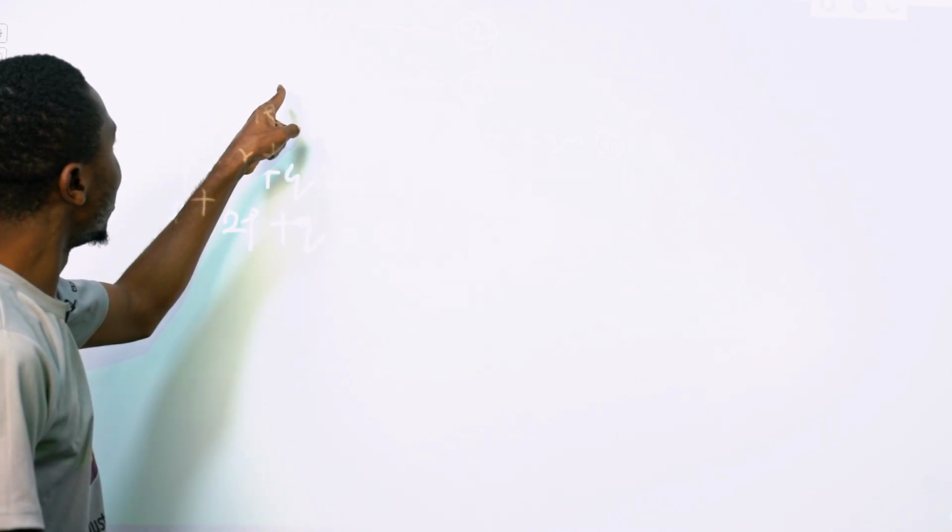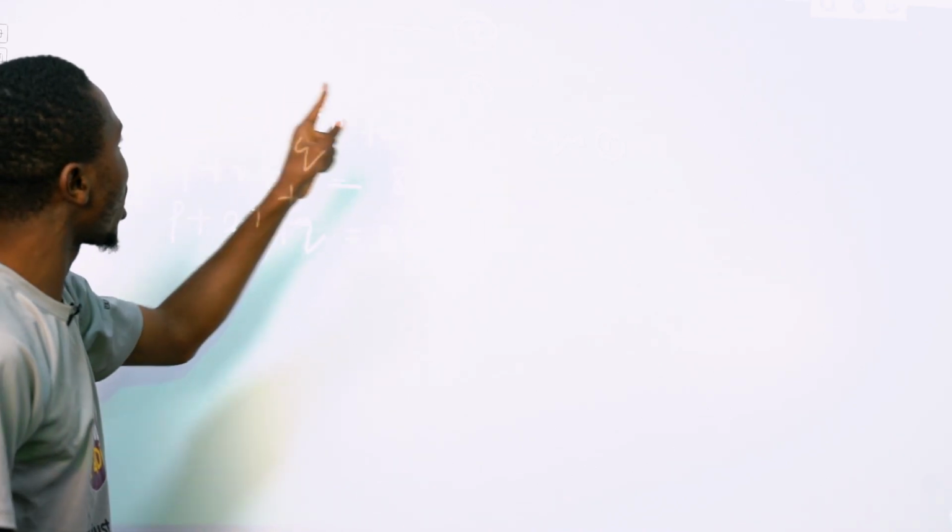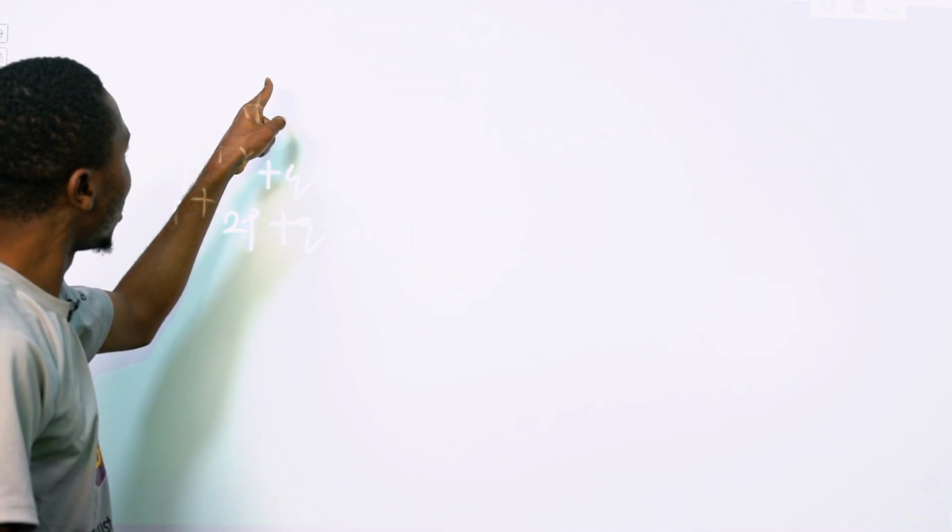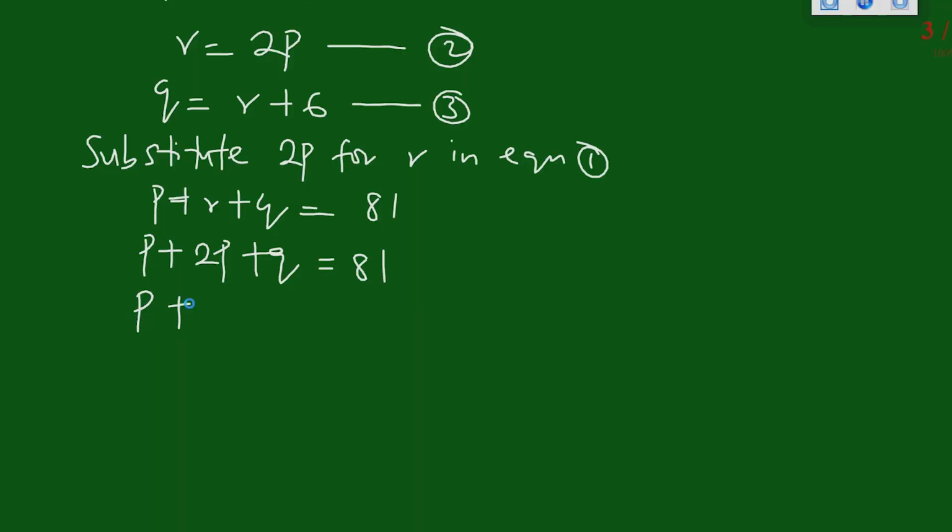Remember also, R is in equation 3, so I can substitute R for 2P. That means I can write this as P plus 2P, then I'll replace Q with 2P plus 6 equals 81.